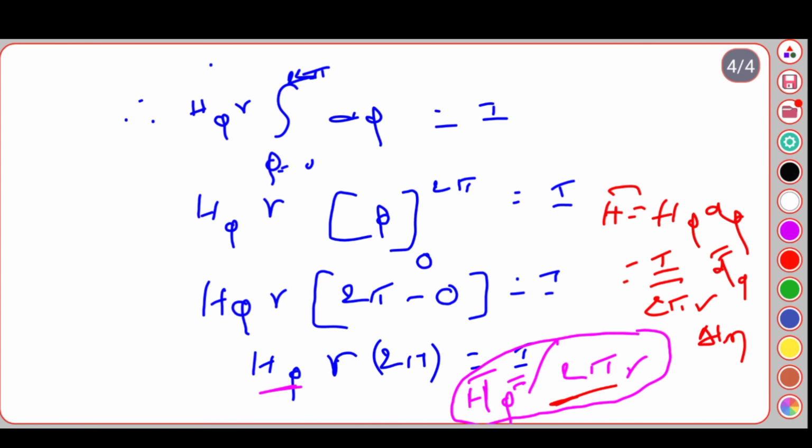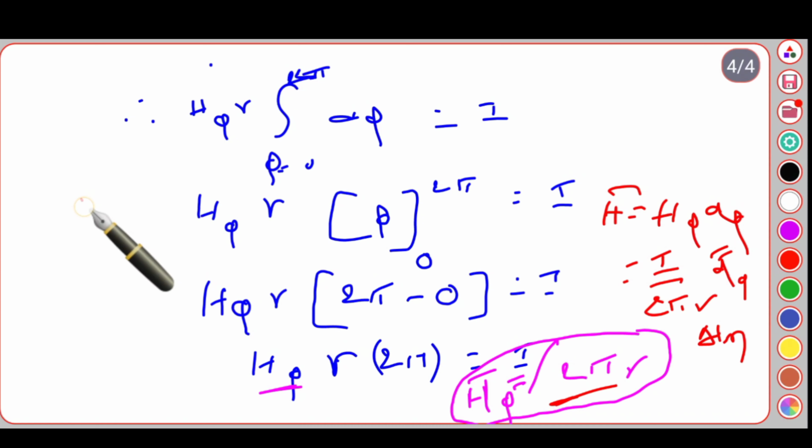In this way we can find H bar due to an infinitely long straight conductor by using Ampere's circuital law. Next we go for other applications: H bar due to a coaxial cable, due to different surface charge densities, due to an infinite sheet of charge.